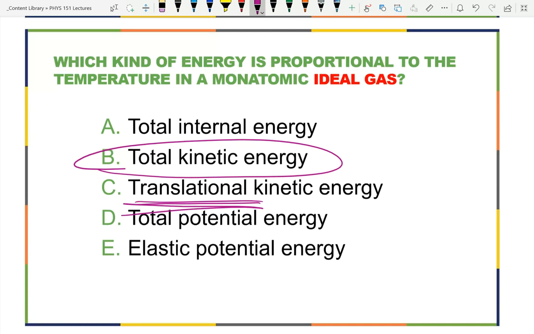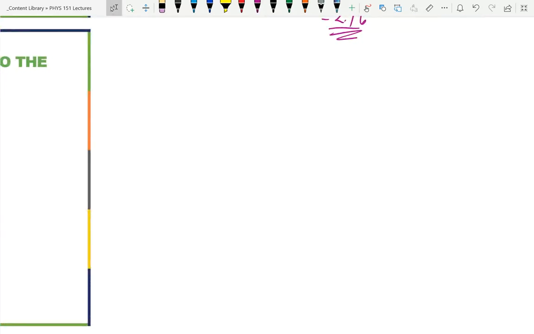And I don't have a slide for this, so I'm just going to throw it out right here. If you have a diatomic ideal gas, here's a diatomic molecule. In chemistry, how did you model a diatomic molecule?